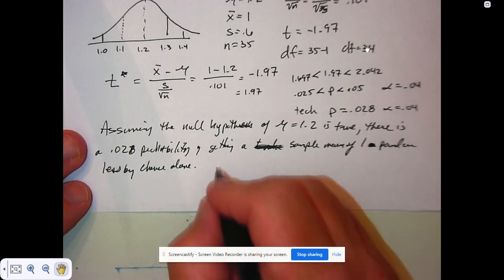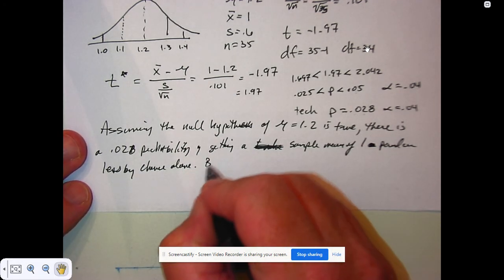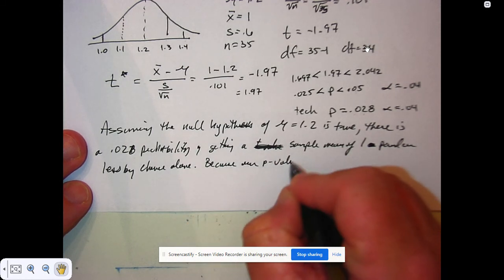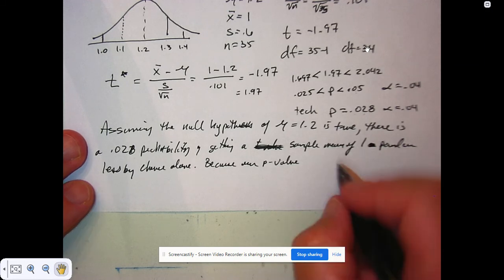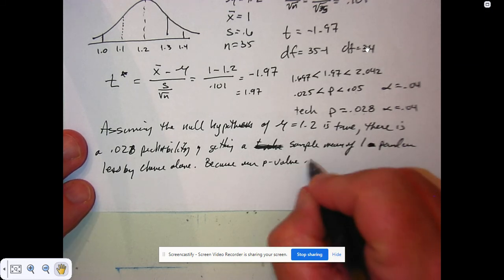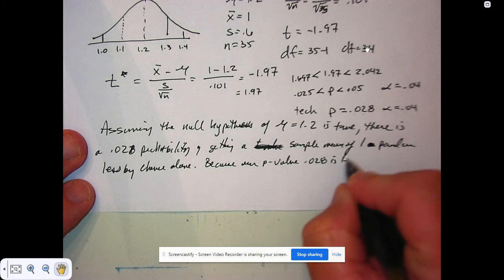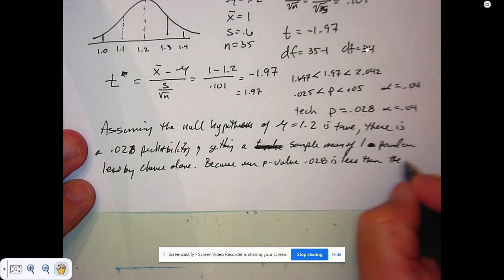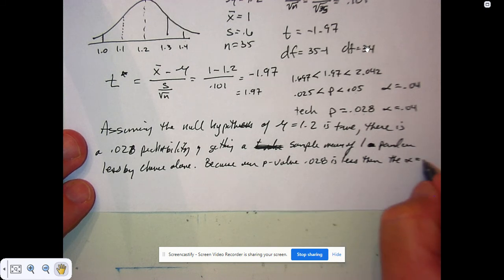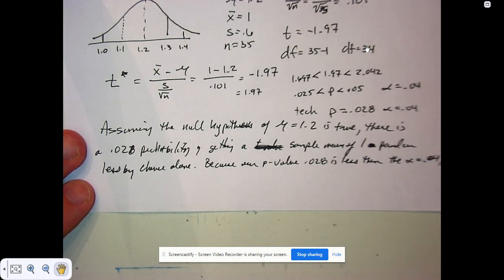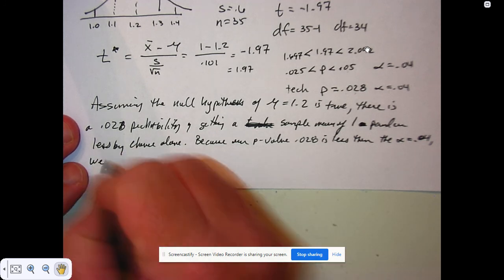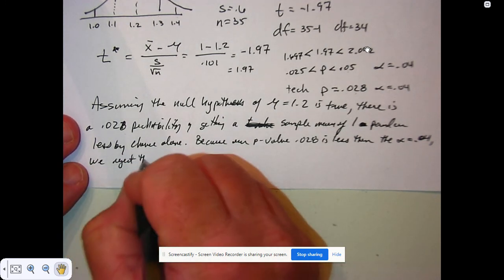In the next sentence, because our p-value, or our probability, same thing, of 0.028 is less than the alpha value, we reject the null hypothesis.